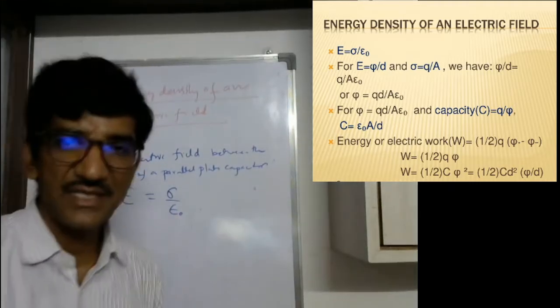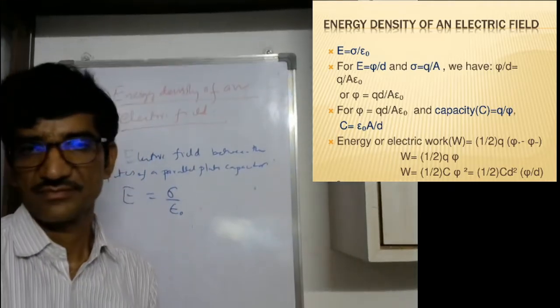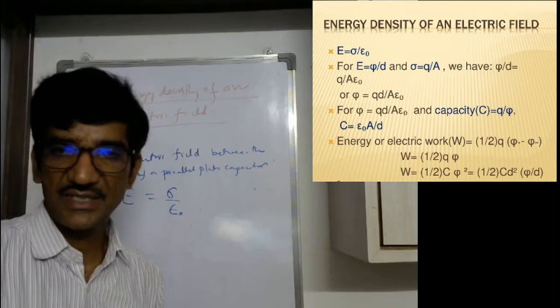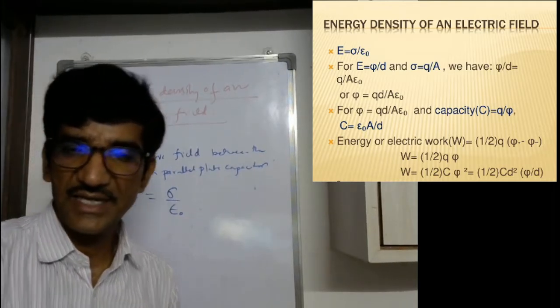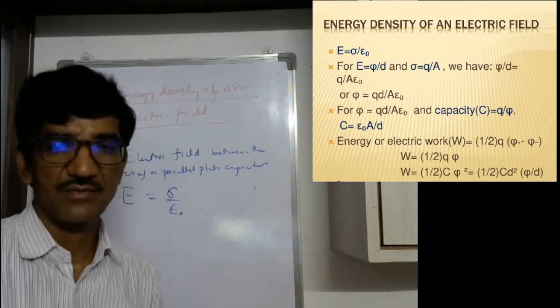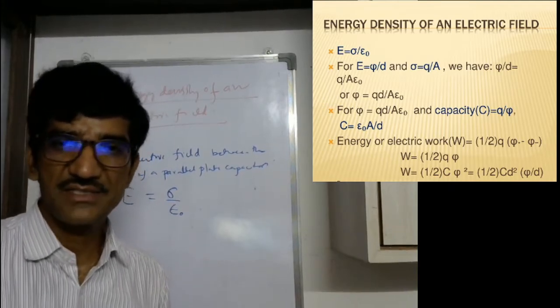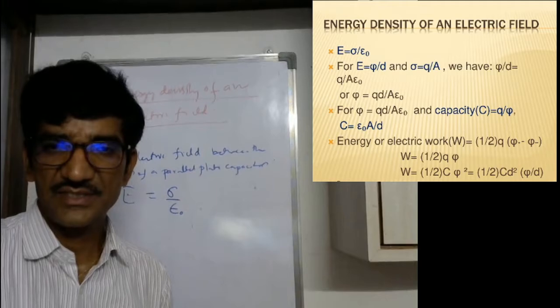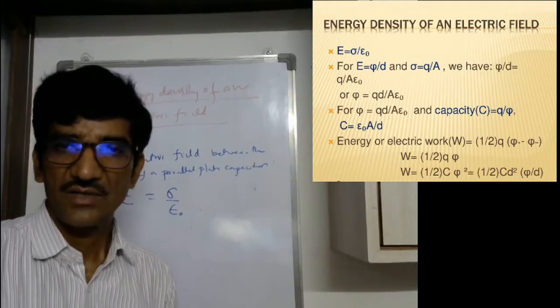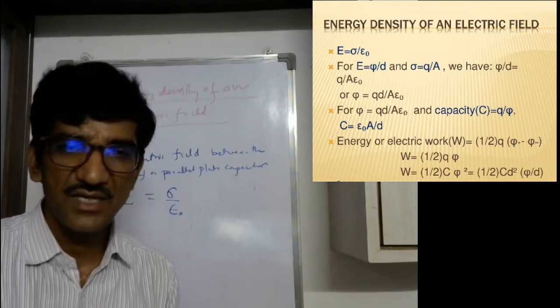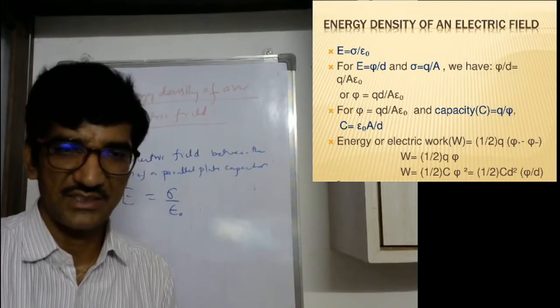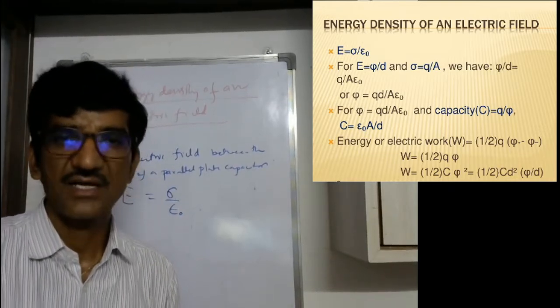Here we are considering a capacitor whose plate area is A and separation between the plates is D. Here sigma is the charge density on each and every plate of the capacitor.